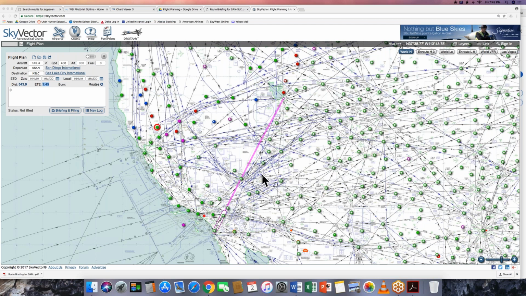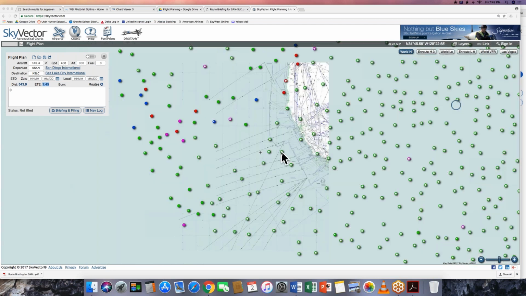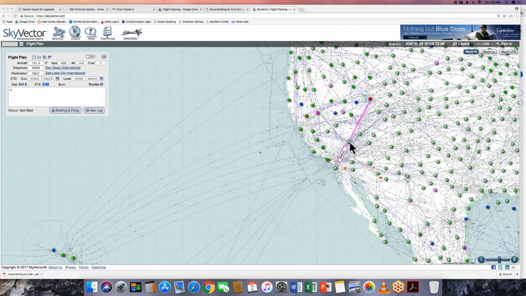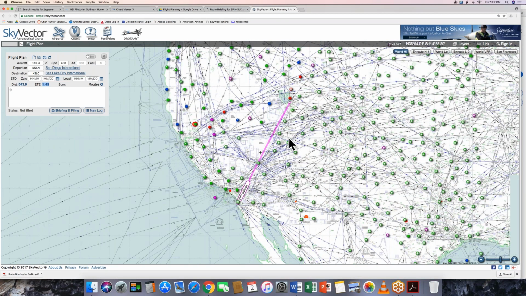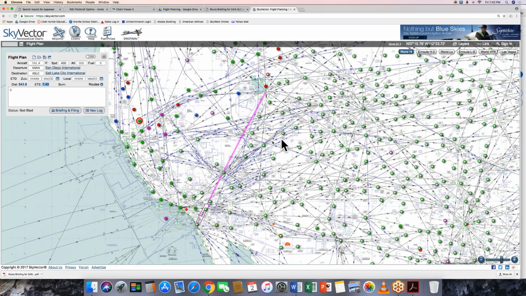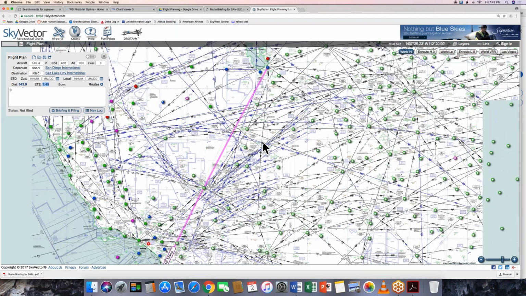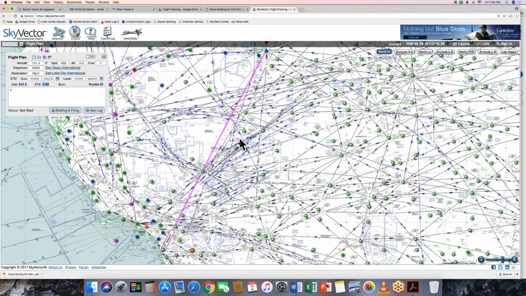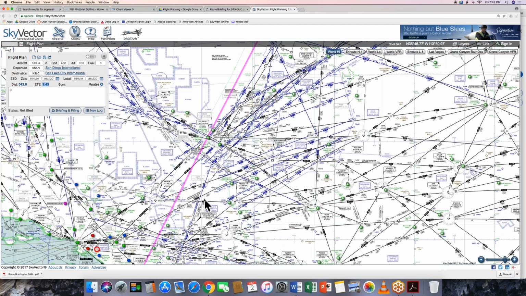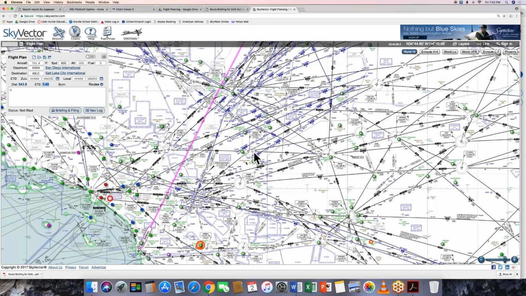So we're going to move on. I don't feel like we're going to get through an entire flight plan tonight, but that's okay. We're just going to get some of the basics down, and we'll just keep building onto it. This isn't going to happen overnight, and we understand that.